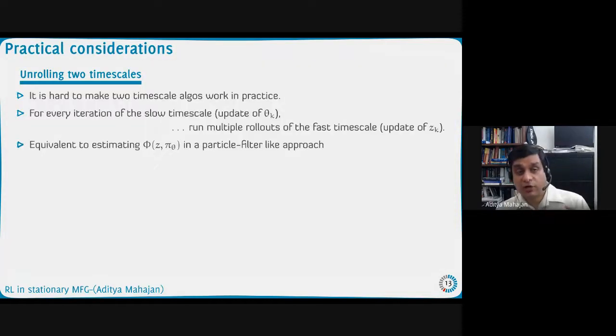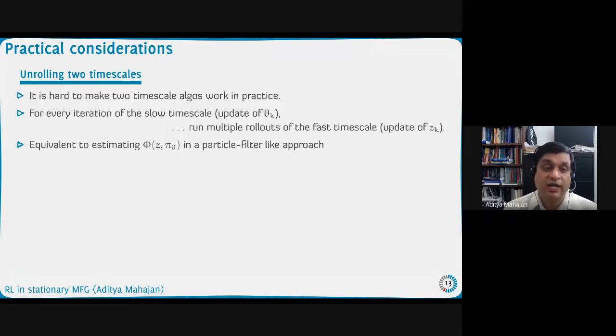So looking at these practical considerations, the first thing to note is that two timescale algorithms are very nice from a theoretical point of view because they make proofs very simple, but it's very hard to get them to work in practice. And in practice, what one often does, rather than changing the learning rates of the slower and faster timescale, is to just fix the ratio of these two learning rates.